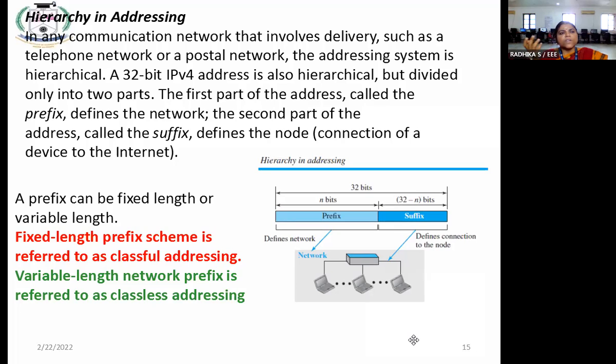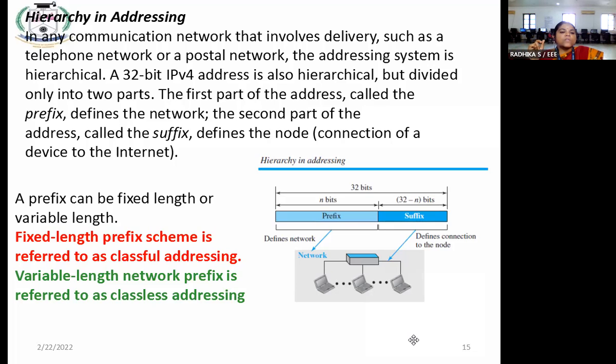In our country, we have different cities and towns. When I specify in the address the name of the town or the city, that defines the network. In a city there are so many people, right? How do we identify you in particular? By your door number and street number. That is illustrated in the suffix part.